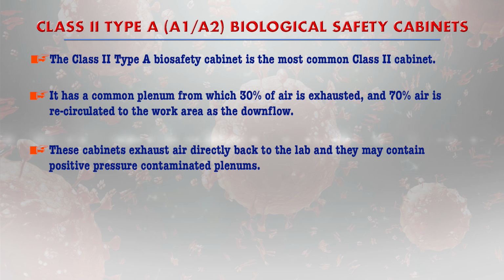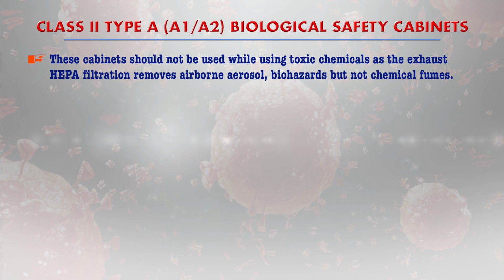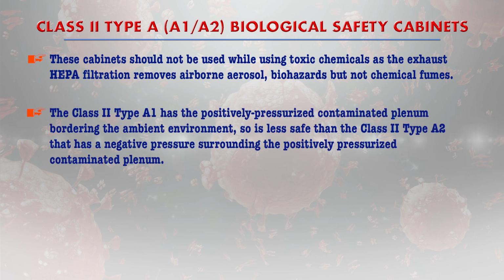Now these cabinets will exhaust the air directly back to the lab, and they may contain positive pressure contaminated plenums. So these cabinets should not be used with toxic chemicals, as the exhaust HEPA filtration will remove the airborne aerosols and biohazards, but it cannot remove the chemical fumes. The class 2 type A1 has a positively pressurized contaminated plenum bordering the ambient environment.